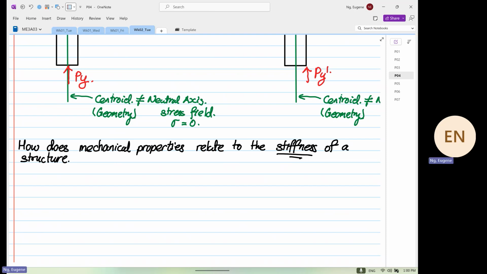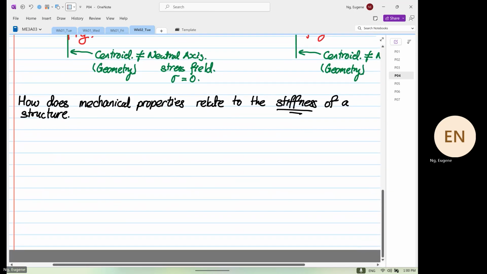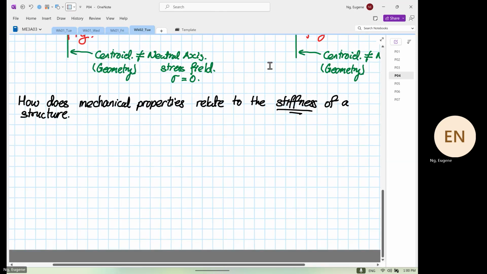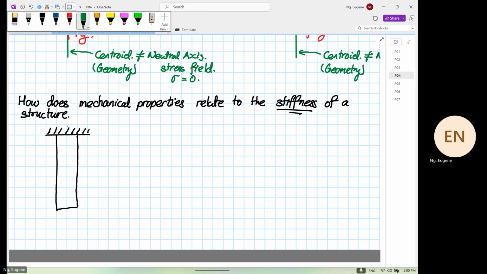Okay, so if we have now a structure, the structure is fixed at one end. Okay, and then I'm going to use green.